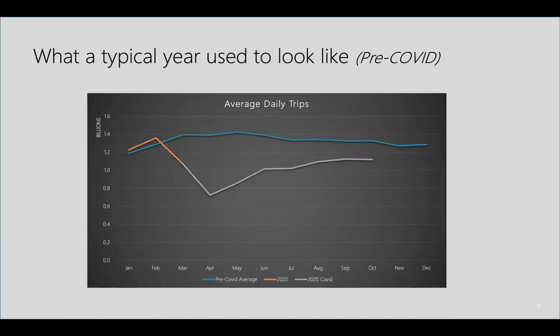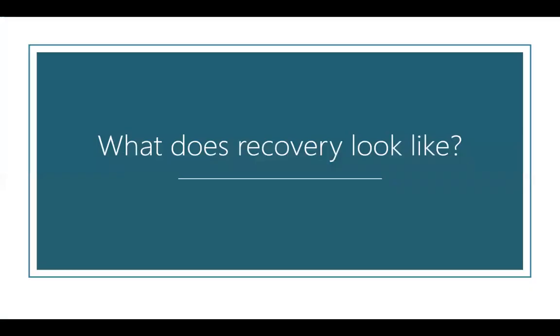You see the daily trips tracking a little bit above average, but then ultimately COVID hit, travel restrictions got put into place, and we see that dip and then the ultimate recovery from that. So that hopefully helps to set the stage of what recovery looks like, how we anticipate it, and how we account for that in our 2021 forecast.